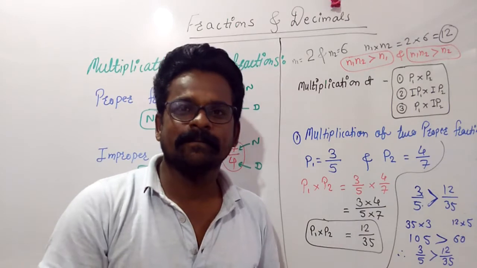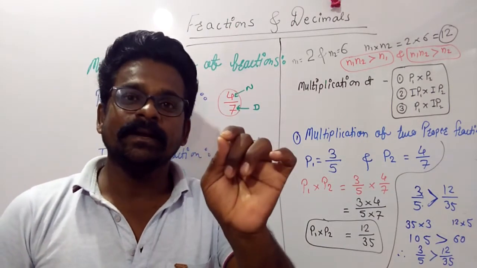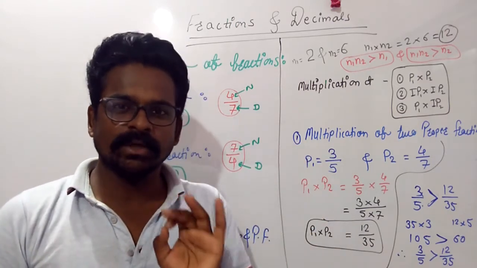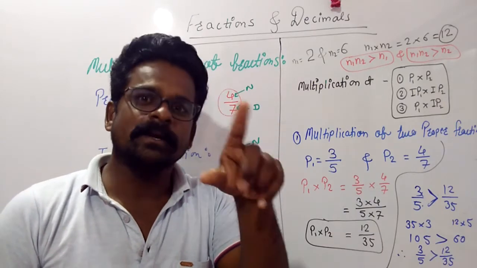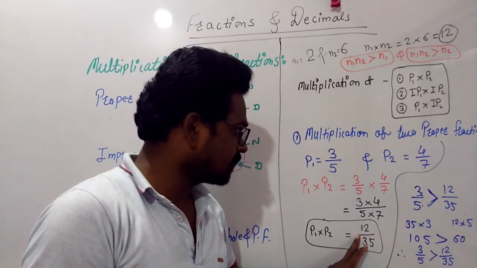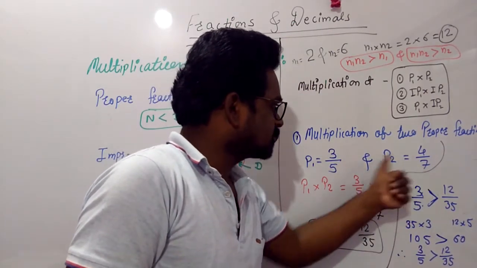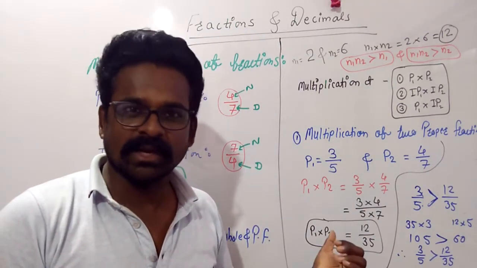When we take the multiplication of two proper fractions, their product is always less than the proper fractions which we have taken here.